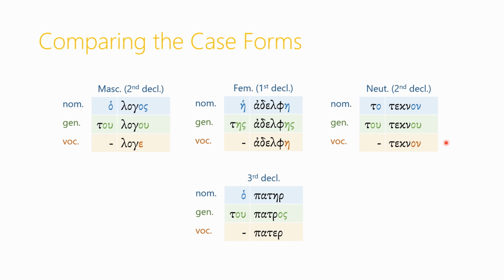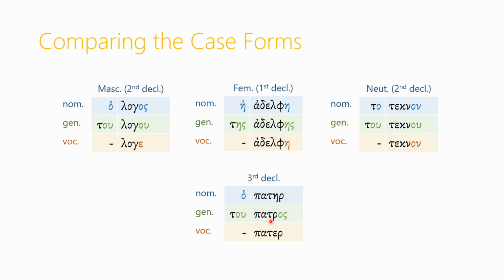Third declensions, again, get a little bit more complicated when we're looking at the stem, because the stems change. But as far as the endings go, they're fairly simple. We have ho pater. In the genitive, we get tou. We're using the second declension definite article, remember.